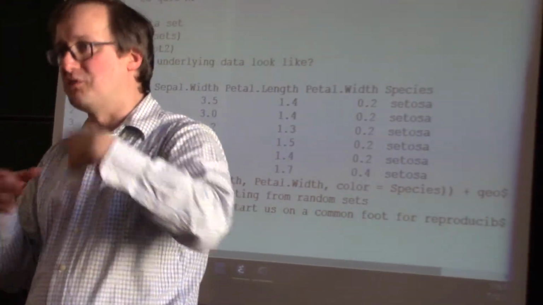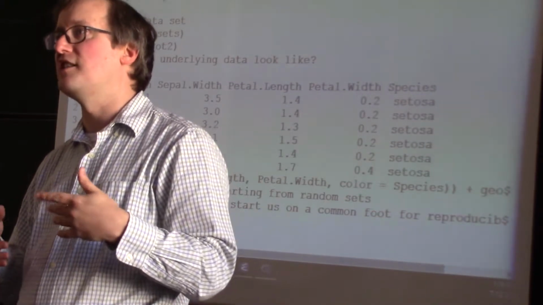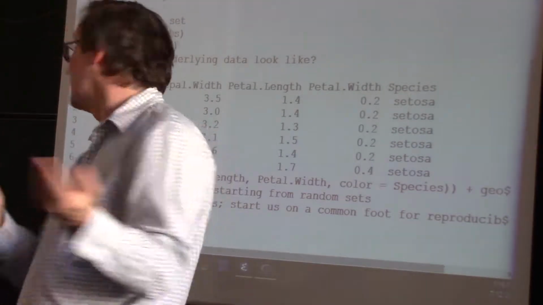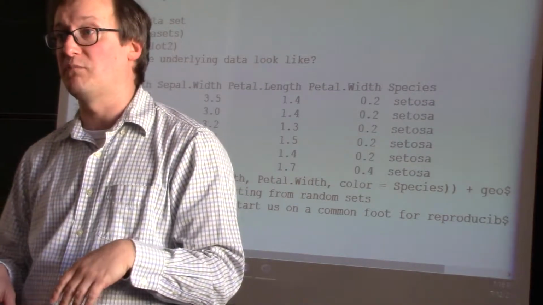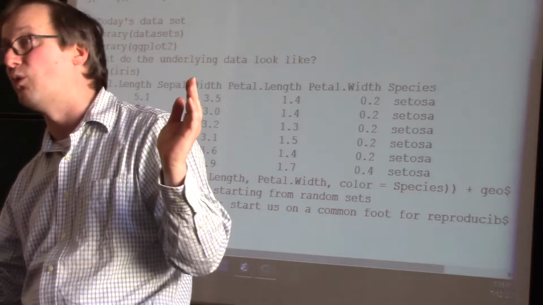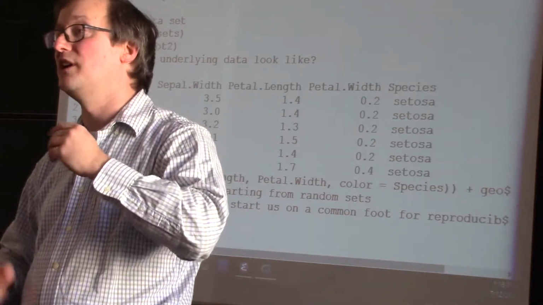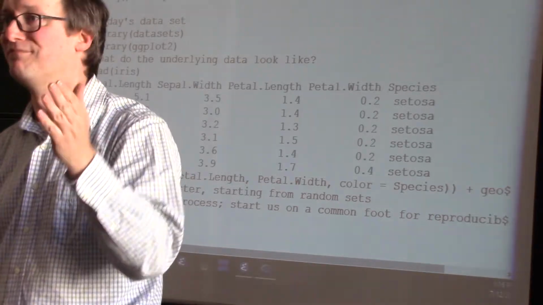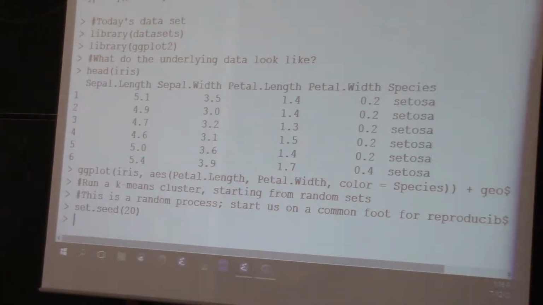We would like this result to be as repeatable as possible, and in this case I'm going to start with a seed of 20. Does that number 20 represent anything in particular? No, I could start with my lucky number, I could start with pi, I could start with whatever I want. But this is just a way to specify where the starting point for the random number generator will be. Not important, but something that you frequently see in code.